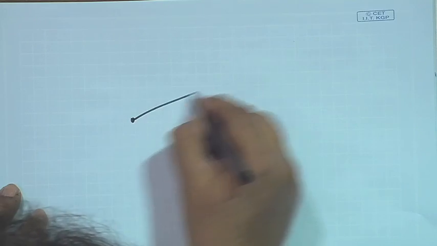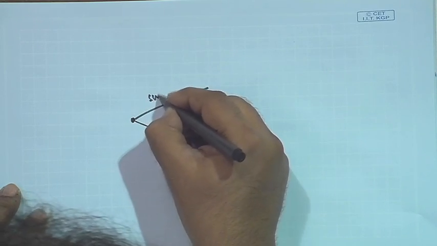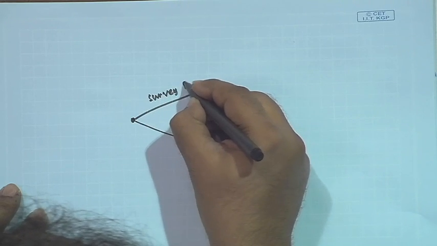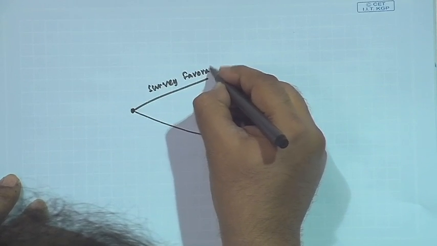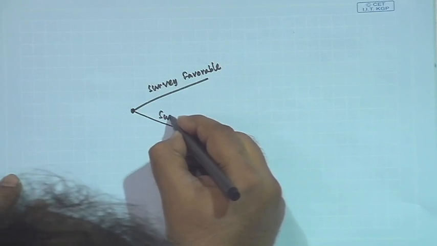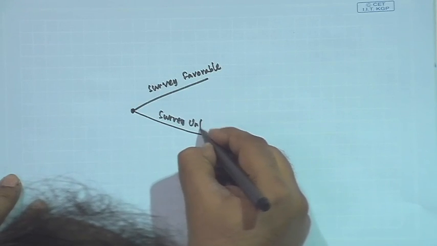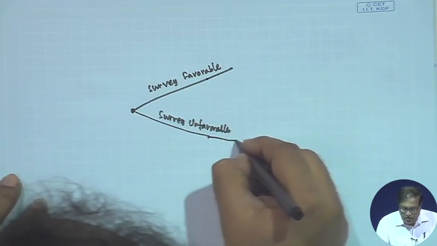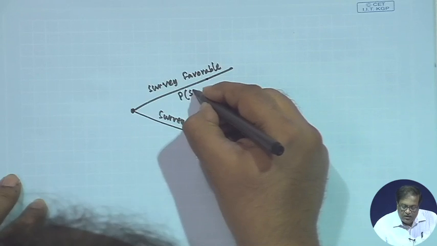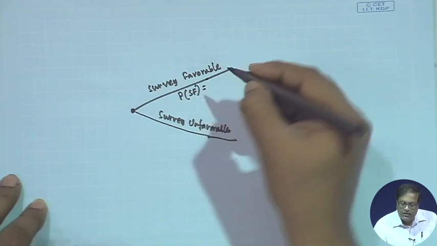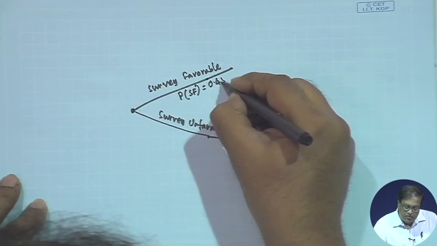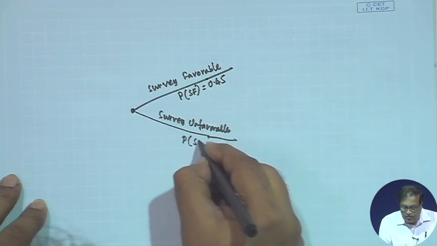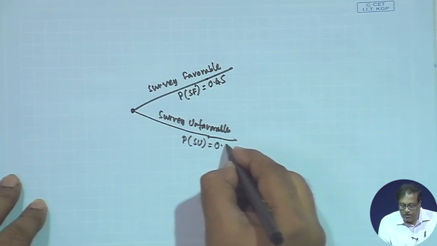What is a secondary diagram? Suppose survey is favorable, and this is survey unfavorable. We have got P of survey favorable, the unconditional probability, which comes to 0.45, and survey unfavorable, we have got 0.55.